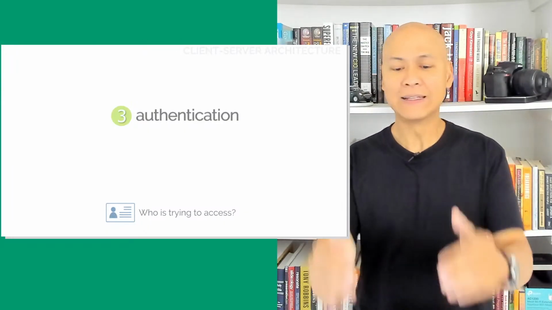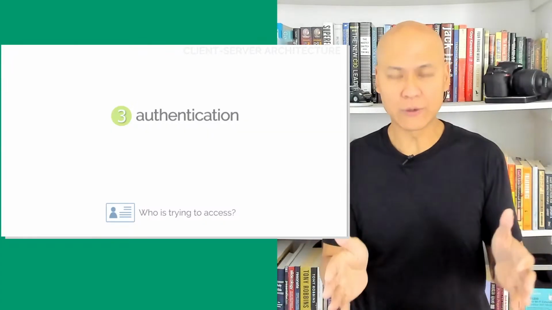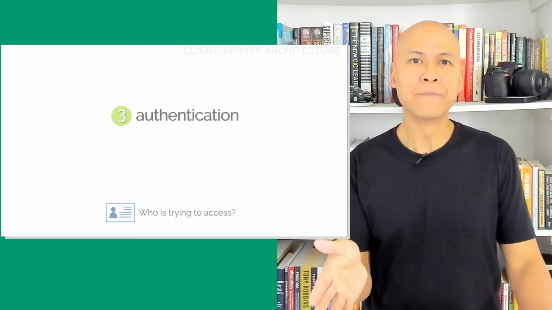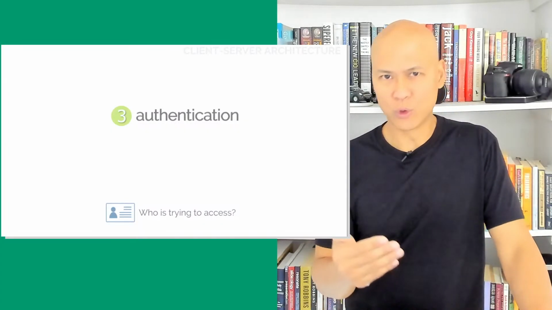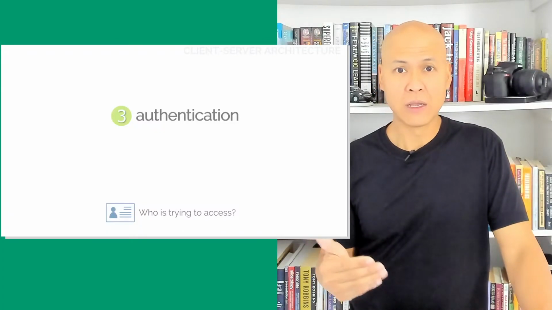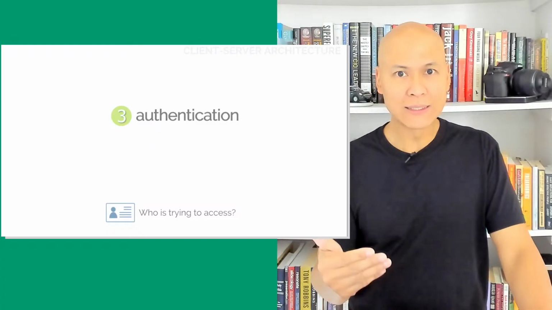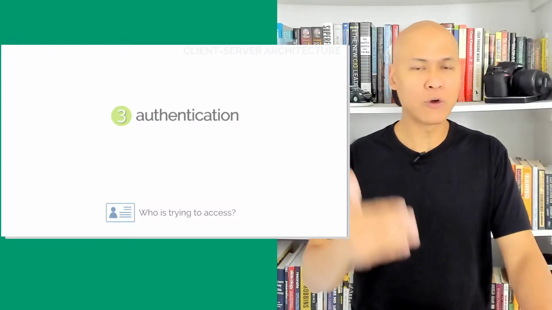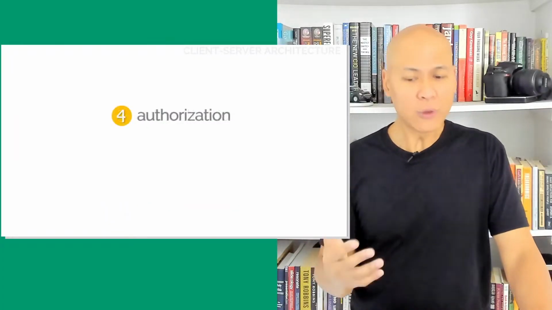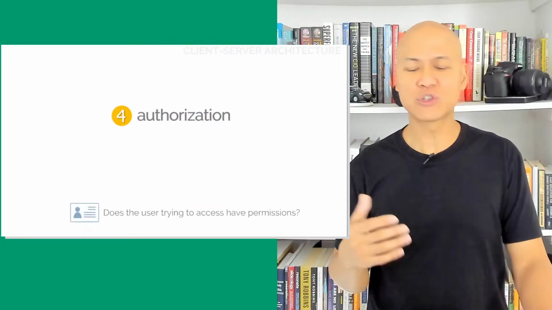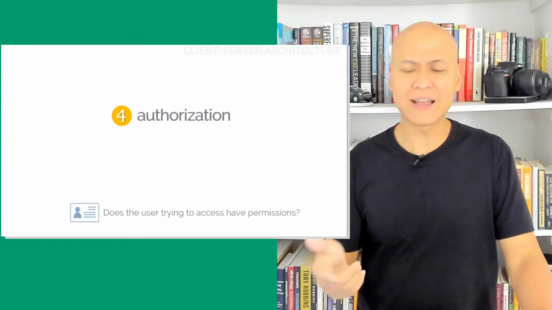Make sense? This is the third thing that client applications need in order to successfully connect to the server. But connecting to it is not enough. Getting authenticated is not enough. The fourth one is authorization. It answers the question, does the user trying to access have permissions?